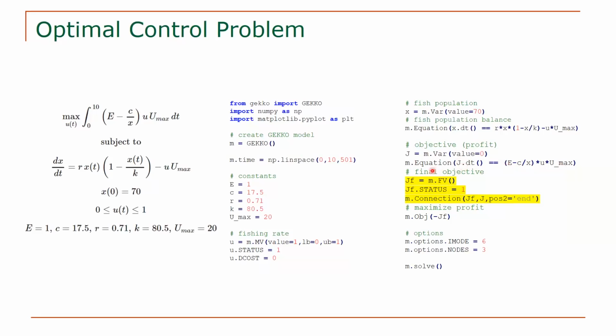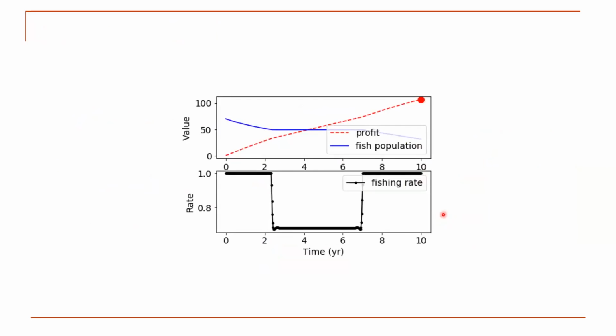So we set this J final as a fixed value. We turn it on so it's a degree of freedom, and then we connect the final point to J at the end. And then we can maximize just that final profit. So that's just an example of getting a little bit more direct control of pieces of a discretized variable. There's the results for that problem.